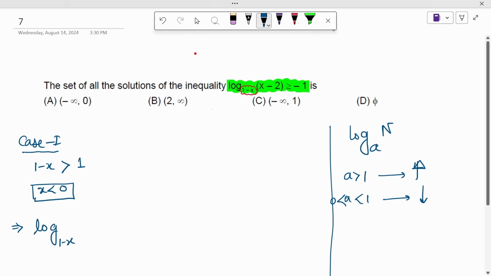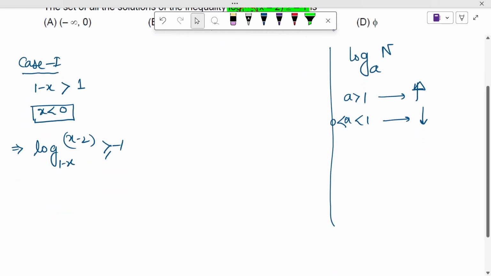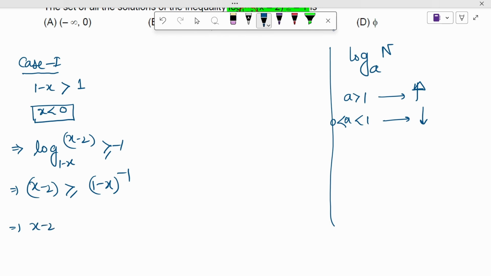Log of x minus 2 to base 1 minus x is greater than or equal to minus 1. Now the function is increasing in case 1. That means we can write x minus 2 greater than or equal to (1 minus x) to the power minus 1. So here it will be x minus 2 minus 1 by 1 minus x greater than or equal to 0.